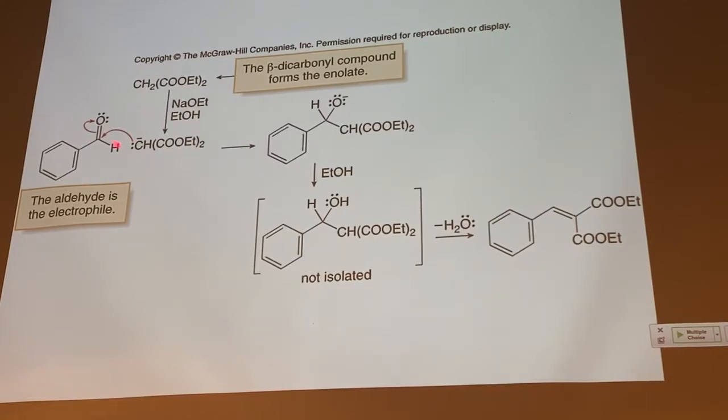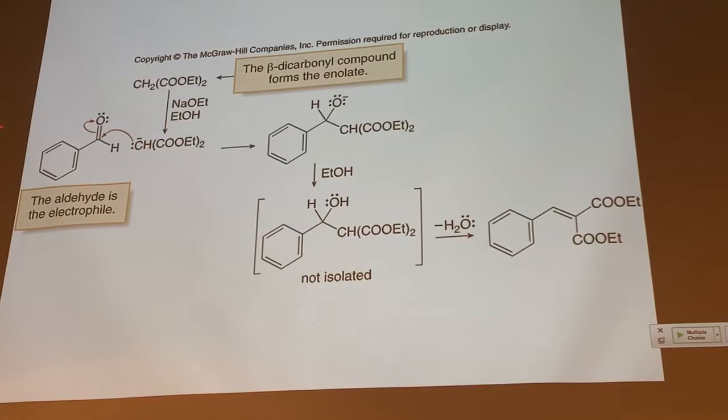So with two major contributors and one minor contributor, this enolate is much more stable, and those major contributors have conjugation in them as well. And so your enolate from a 1,3-dicarbonyl compound is significantly more stable than an enolate from a normal aldehyde or ketone. So we told you in the last chapter the pKa of diethylmalonate is between 13 and 14. So when we use ethoxide, we can completely deprotonate that.